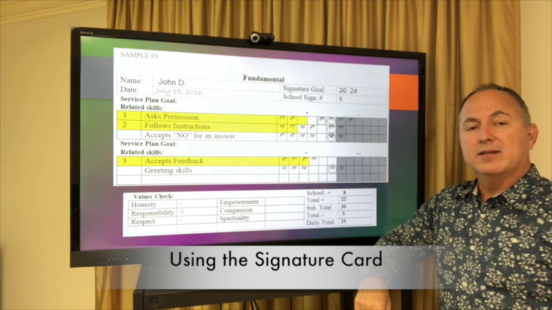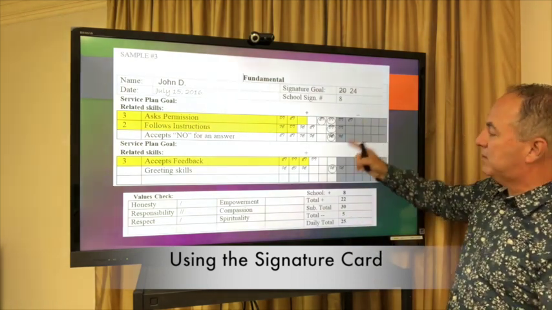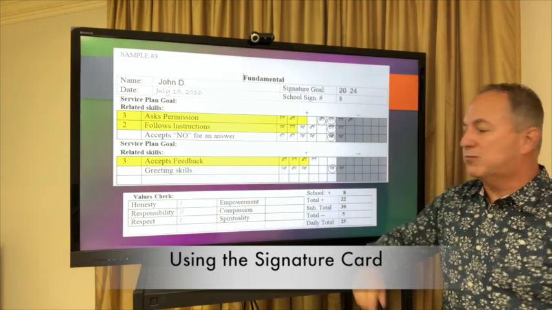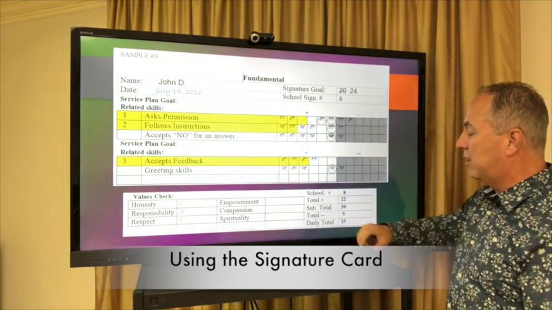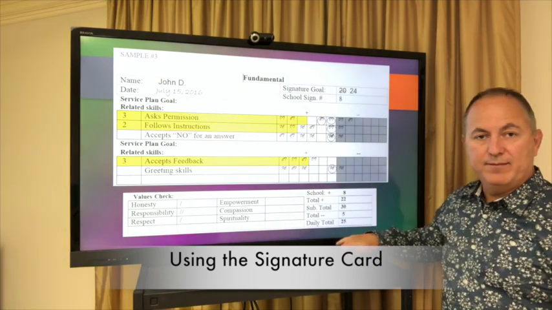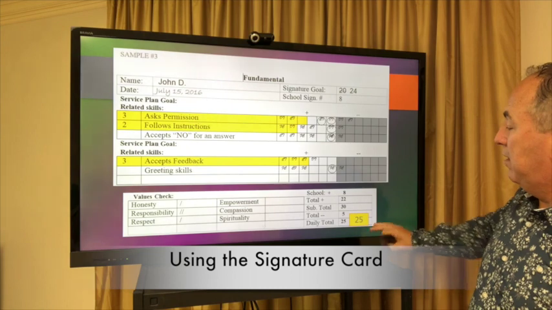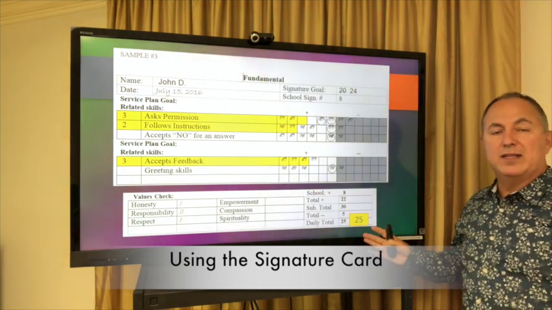We subtract his corrective signatures, which shows that he had 5. And so we subtract those, and John's daily total balance is 25.